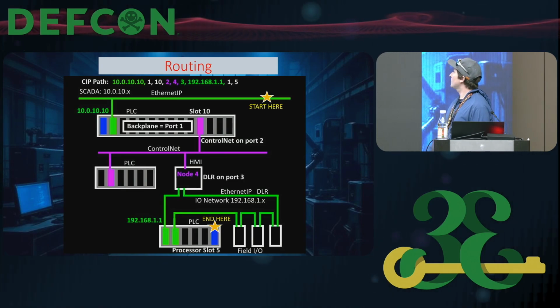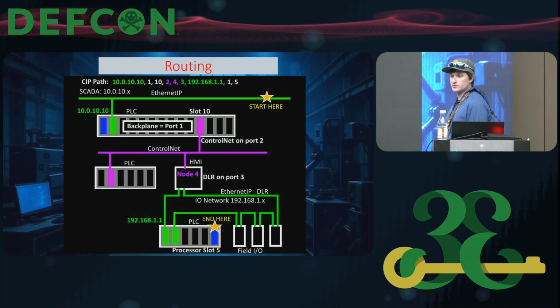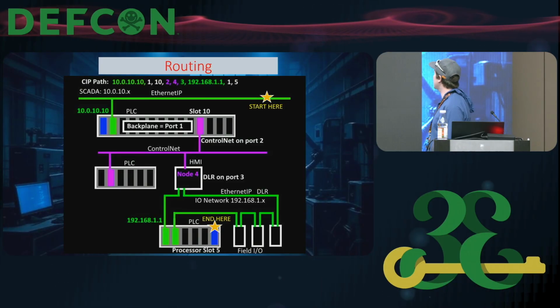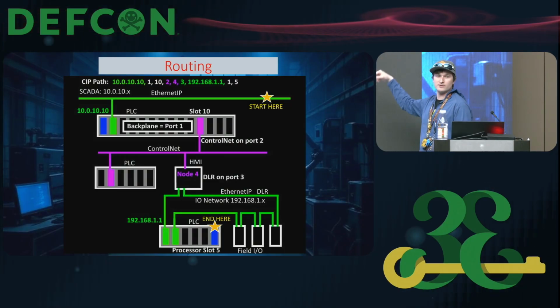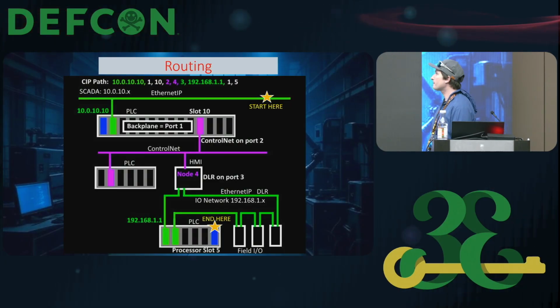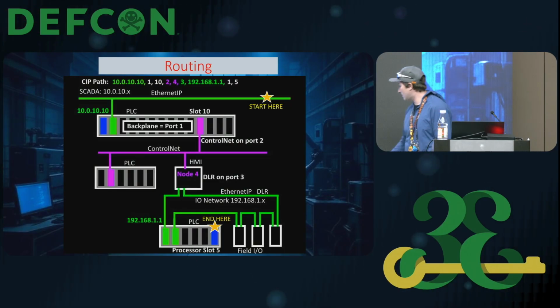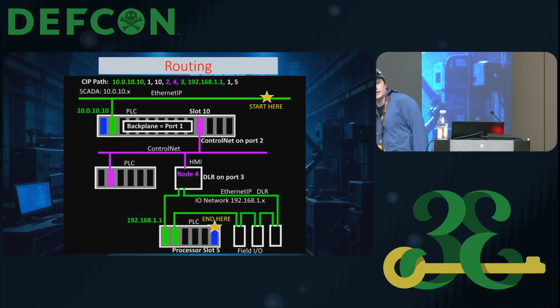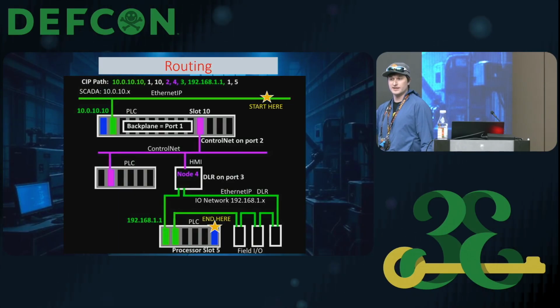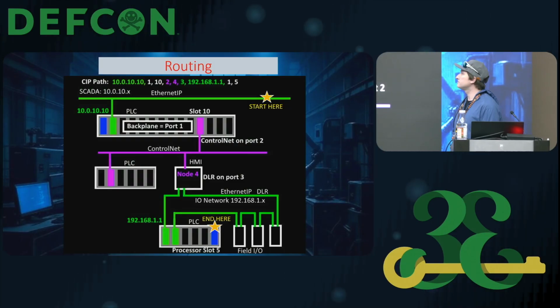On the top, we have an Ethernet IP network. That's our SCADA network. This would be your process control network, perhaps, in your plant. And we're saying that we're some device. We're starting here, somewhere on our plant floor, and I want to connect all the way down here to a card in this PLC, a module that is in the chassis of a PLC somewhere completely else in my plant.